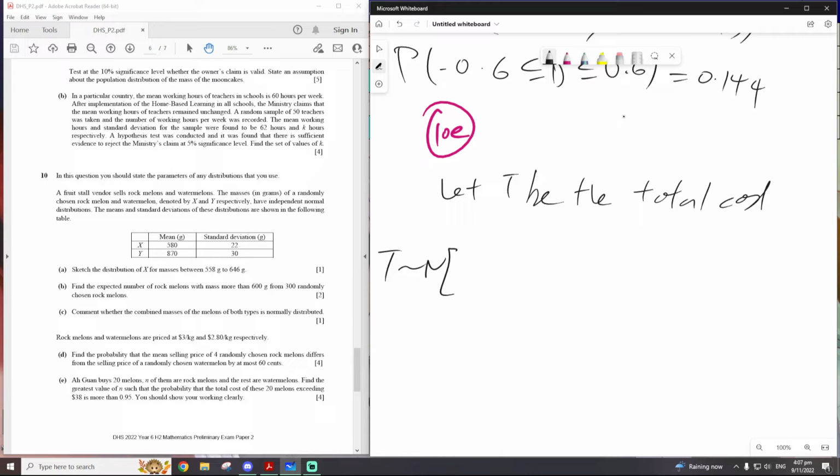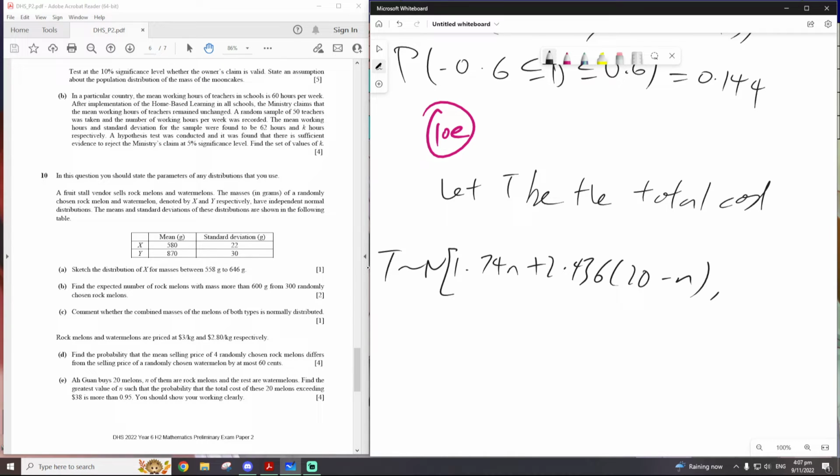We take 1.74 because that's the mean price of a rock melon, times n. Then there's 20 minus n watermelons. So you take the mean price of a watermelon, which is 2.436, multiply by 20 minus n. And what is the variance?